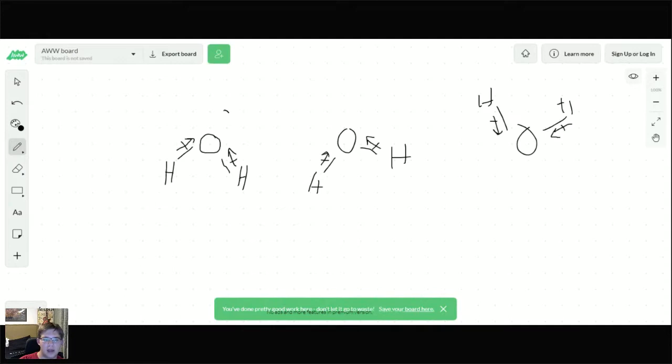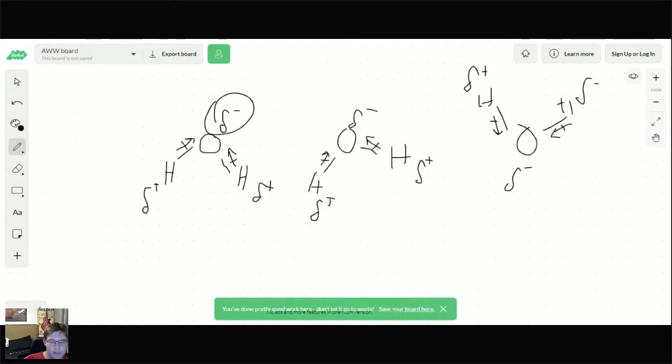So we're going to see a partial negative charge on that oxygen and a partial positive on those hydrogens. I'm just going to draw them all in. And so what we're going to see is much stronger and much more defined attractions between these negative parts of the water and these positive parts of the water, which forms much stronger attraction between the dipoles. Does that make sense? Do you understand that?